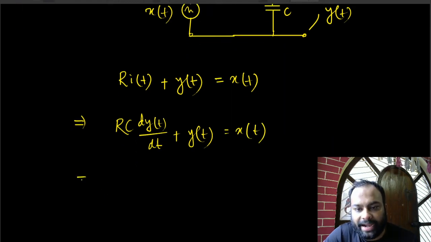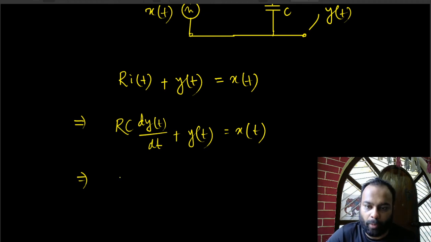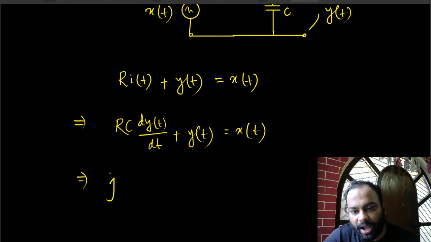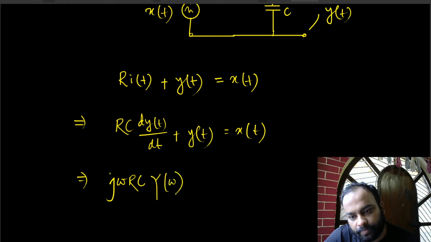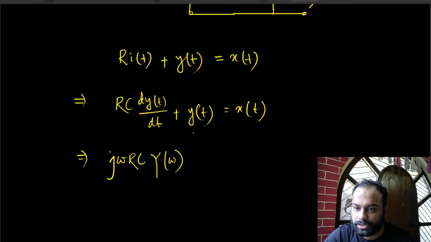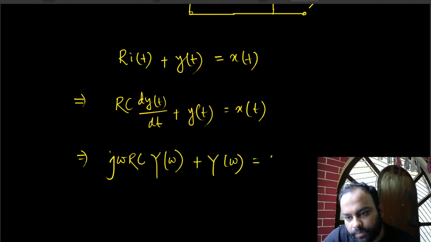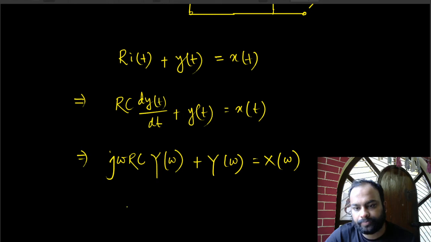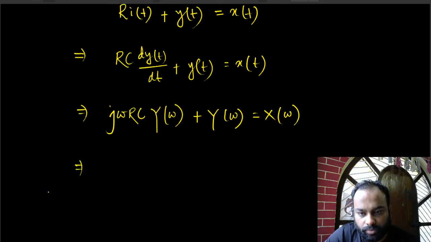Now we applied the Fourier transform here. If the Fourier transform of y(t) is Y(omega), then the Fourier transform of dy(t)/dt was j omega Y(omega). So I had j omega RC Y(omega) plus Y(omega) equal to X(omega).